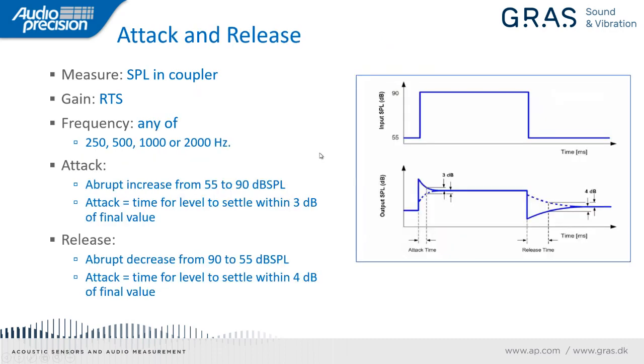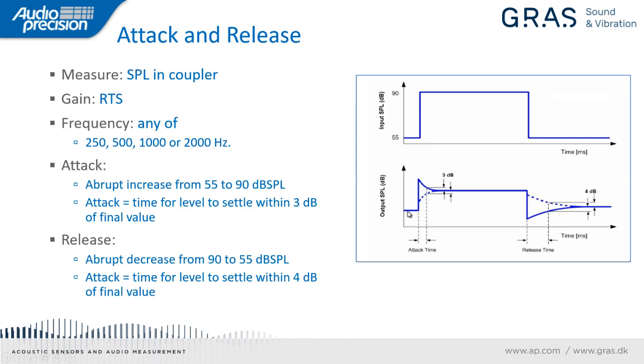Another metric for hearing aids with automatic gain control is called the attack and release. Again, we're generating a sine signal at any of the 4 frequencies indicated, 250, 500, 1K, or 2K. We abruptly increase the level from 55 dBSPL to 90 dBSPL. That's the input signal.